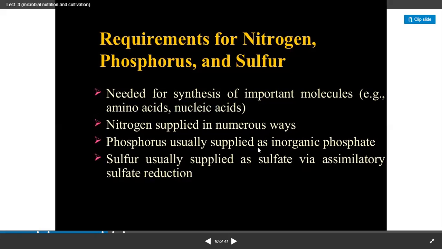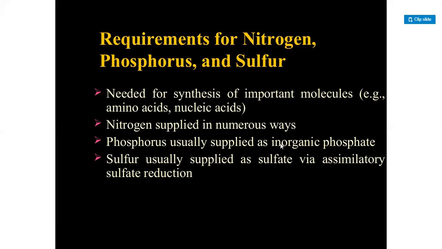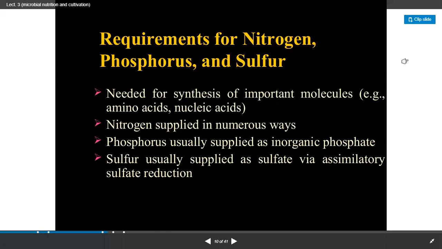Phosphorus is usually supplied as inorganic phosphates, and sulfur is supplied as sulfate via assimilatory sulfate reduction. There are some microorganisms which have the capability to use nitrogen, phosphorus, and sulfur. Examples are nitrogen-fixing bacteria, phosphorus-utilizing bacteria, and sulfur-utilizing bacteria, which are used in the agriculture industries.